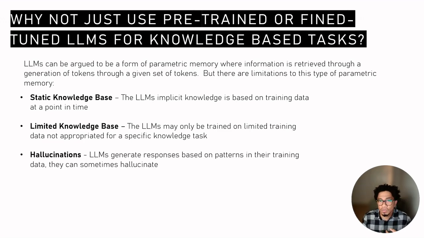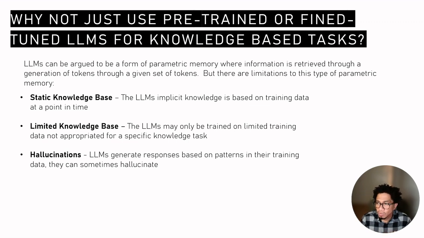The third problem is hallucinations. So LLMs generate responses that are based on patterns in the training data, right? So anything that it generates is reflective of the patterns that it identified while it was training.